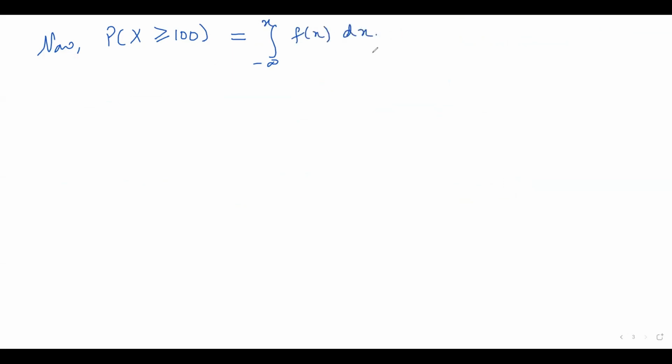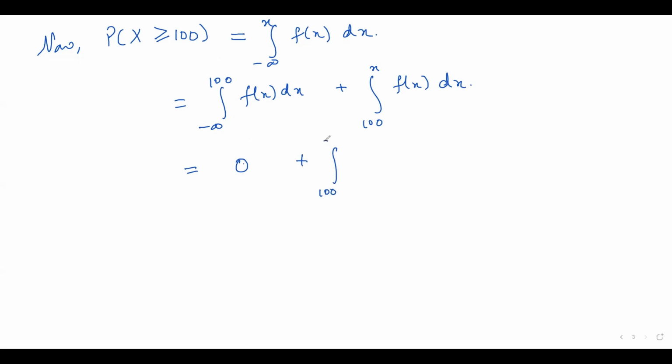But here I'll be talking about the integral from minus infinity to 100 of f(x) dx plus the integral from 100 to x of f(x) dx. Now the integral from minus infinity to 100 of f(x) dx is 0 as we know. So this becomes 0.